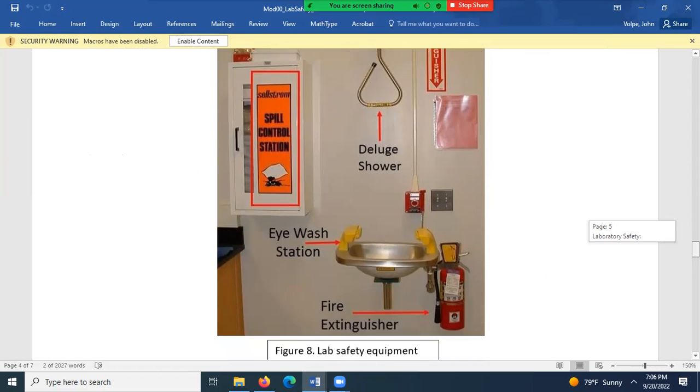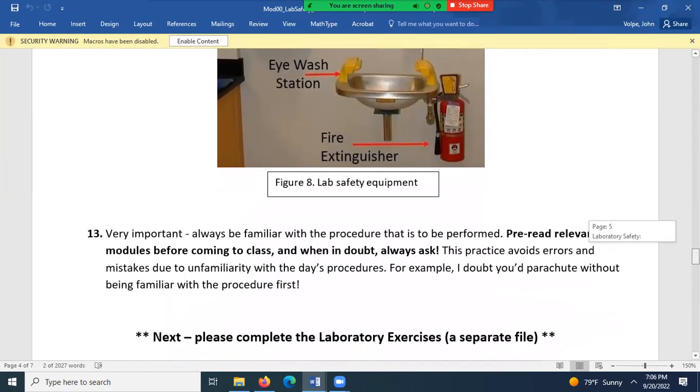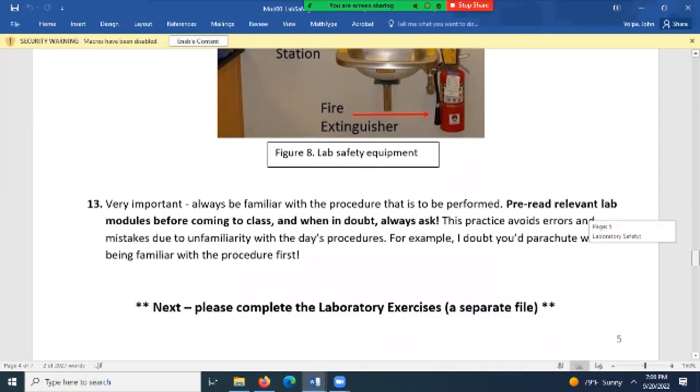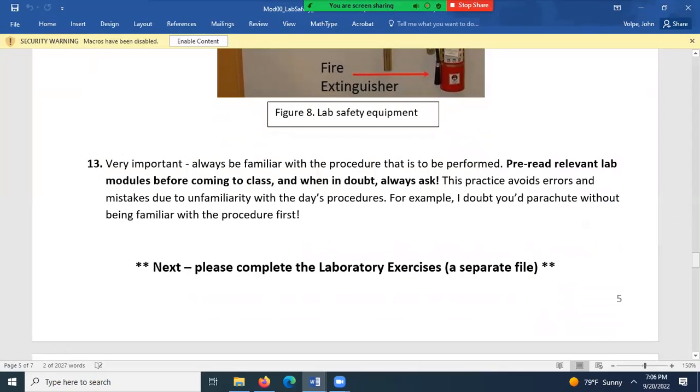So those are some of the safety equipment that are in almost all labs at Clark, certainly in all microbiology labs. We have a few other things like a chemical spill kit: if you spill acids, there's something to neutralize the acid, and if you spill a base, there's something to neutralize the base.